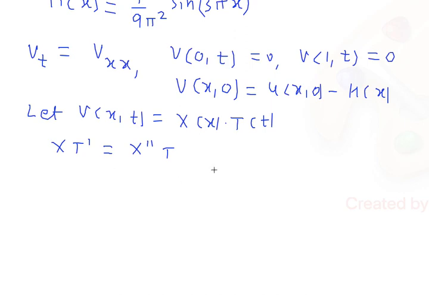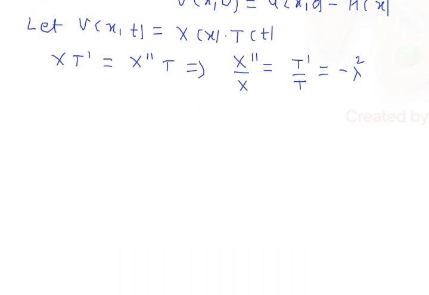By separating the variables, we can write X''/X = T'/T, and let us choose a separation constant −λ².